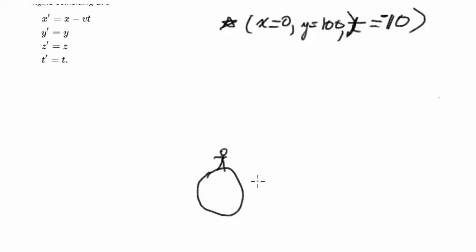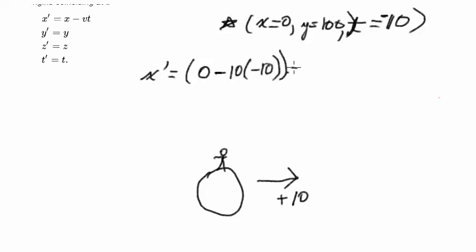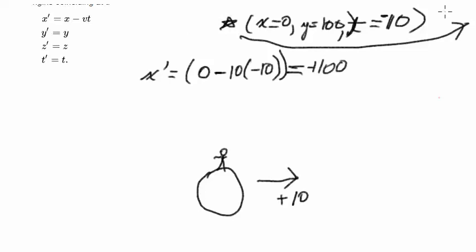Okay, then I accelerate over here, giving myself a velocity plus 10. Now, x prime is x, which was 0, minus 10 times negative 10, which is going to be positive 100.